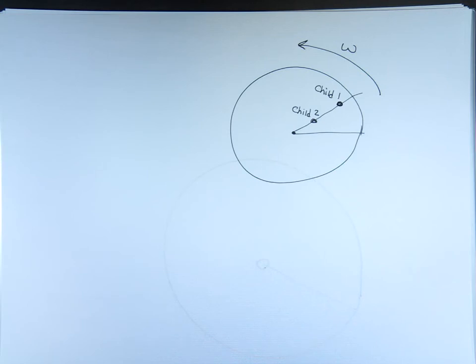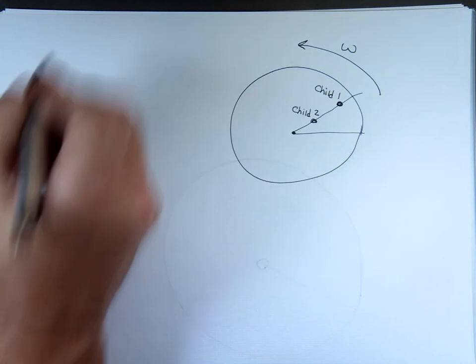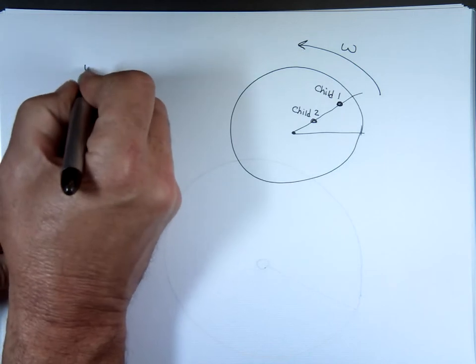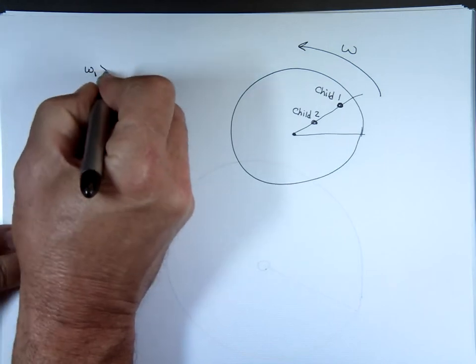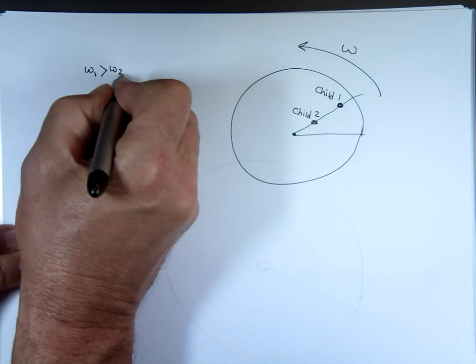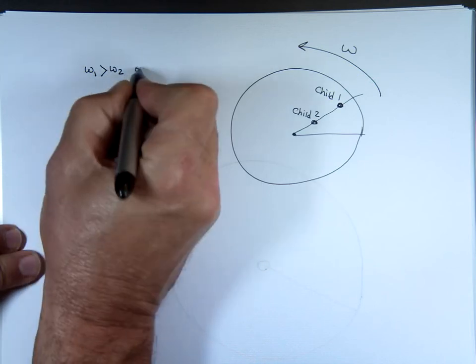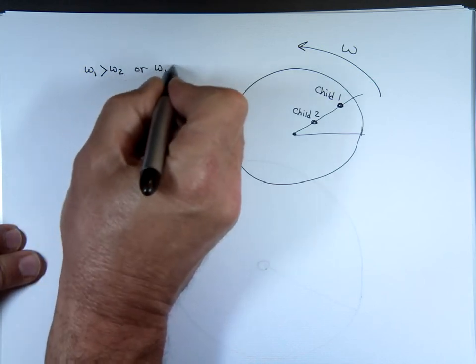So the first question: is the angular speed of child 1 greater than, less than, or the same as the angular speed of child 2? Is child 1's angular speed greater than child 2's, or less than, or the same?